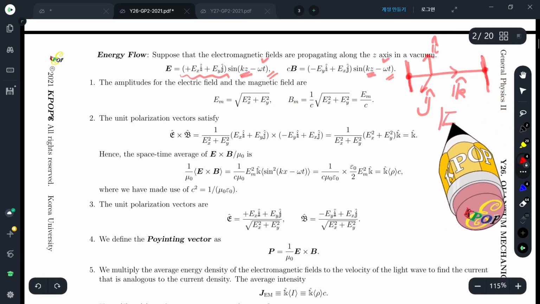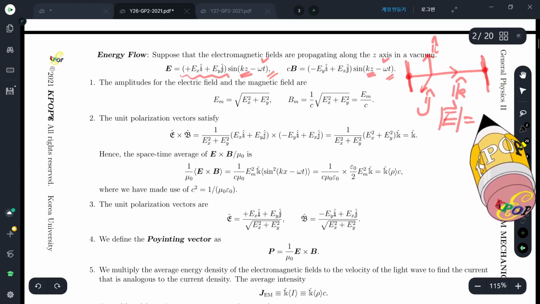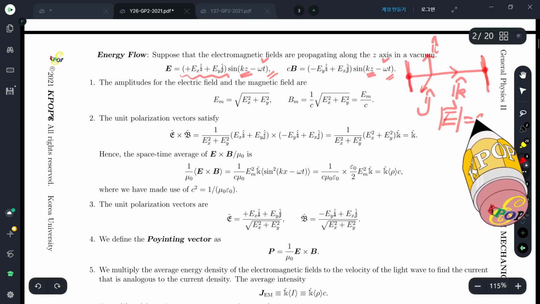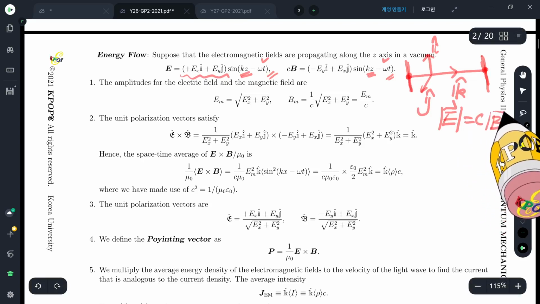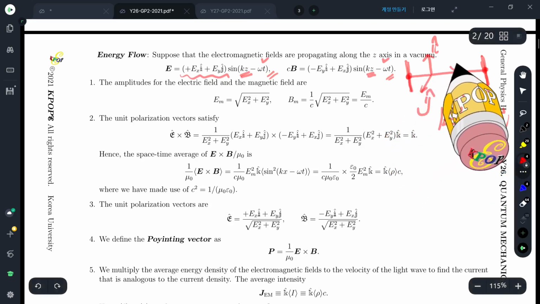We remember the absolute value of the electric field in the vacuum is the speed of light multiplied by the magnitude of the magnetic field. And the direction of the magnetic field is determined to form a cyclic triad.